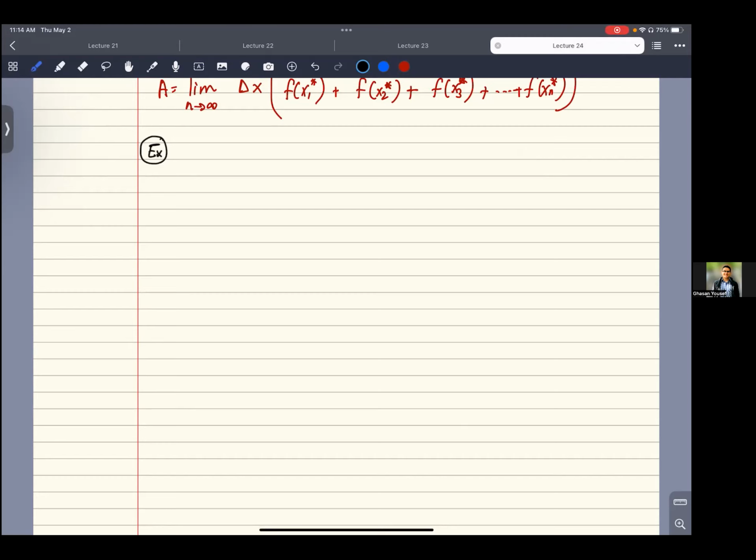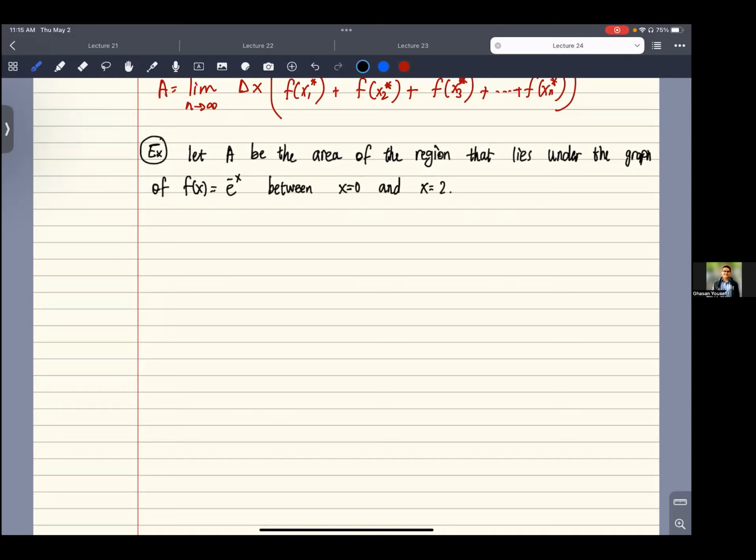So the example is: let A be the area of the region that lies under the graph of the function f of x equals e to the minus x between x equals 0 and x equals 2.